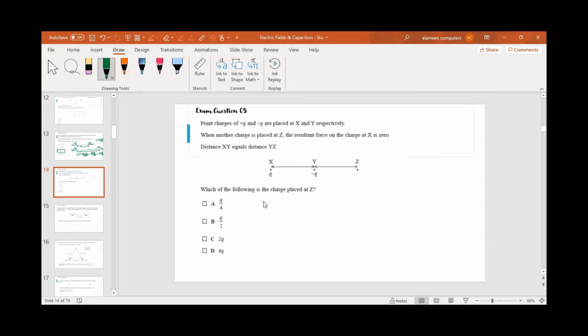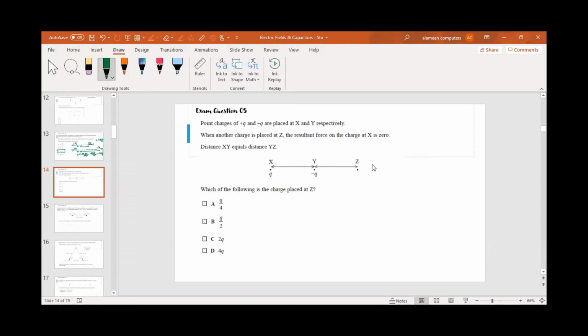Point charges of plus q and minus q are placed at X and Y respectively. When another charge is placed at Z, the resultant force on the charge at X is 0.